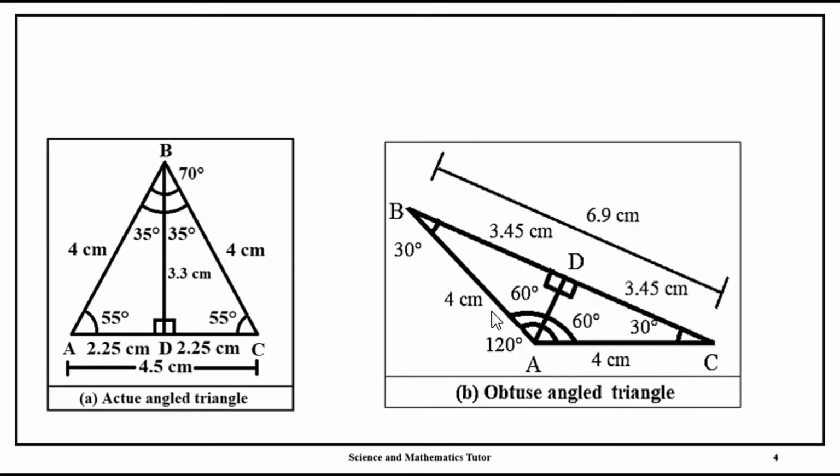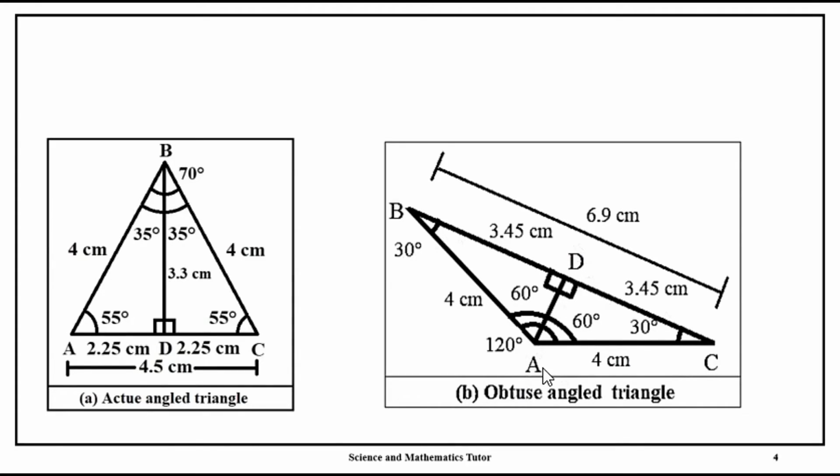This triangle can be easily converted into a right angle triangle by drawing a perpendicular from one of its vertices to its base, that is BC. So when we do this, the obtuse angle triangle is easily converted into two right angle triangles. That is, triangle ABC is converted into triangle ADC and ADB.